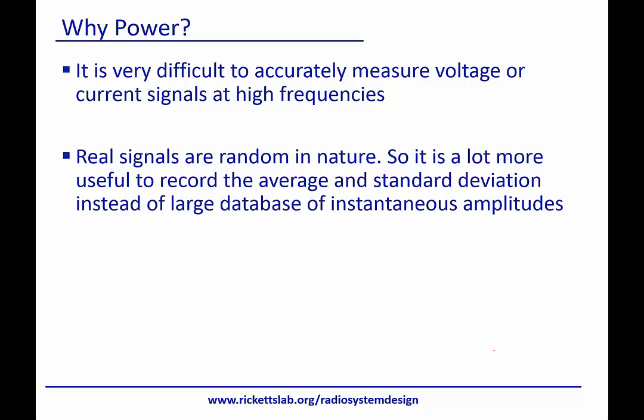And if we're looking at a random signal, we can talk about its random properties. But the average power of that signal generally stays the same. So if I'm looking at your cell phone signal coming out, I can probably tell you exactly what its power is over the entire conversation. It'd be really tough, unless I captured all the data, to figure out exactly what the voltage and currents were. So this is another reason why power is useful.